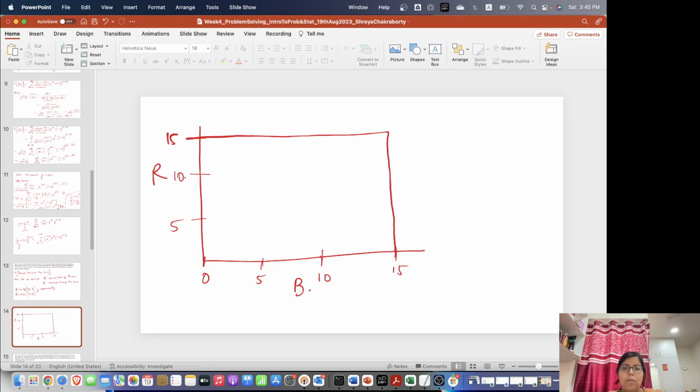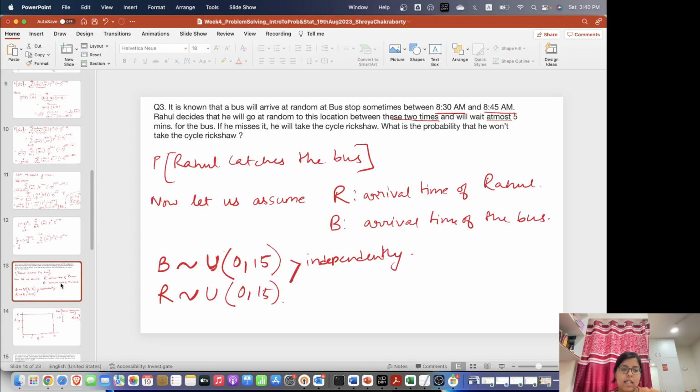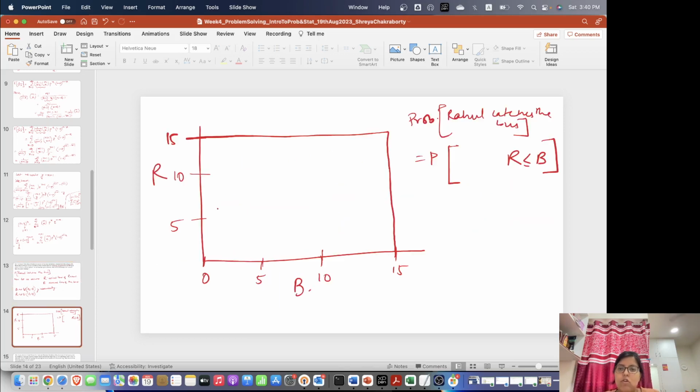Now, the probability that Rahul catches the bus is that he arrives before the bus. This is one. And the other condition was that he will wait at most 5 minutes.